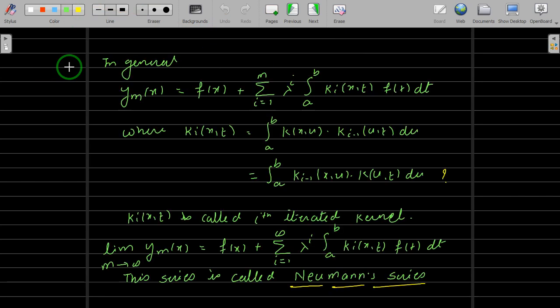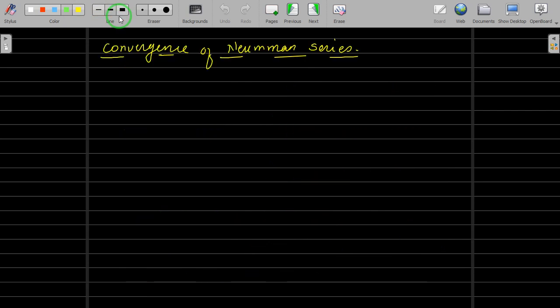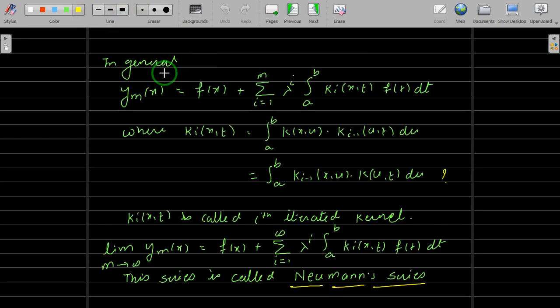That means you have to show that the summation i from 1 to infinity lambda raised to i integral a to b k_i of x comma t f(t) dt is a convergent series. And I guess I can leave this as an exercise. Prove that the Neumann series converges.